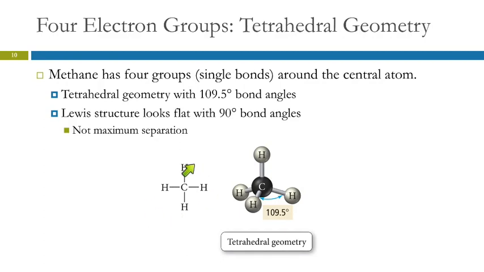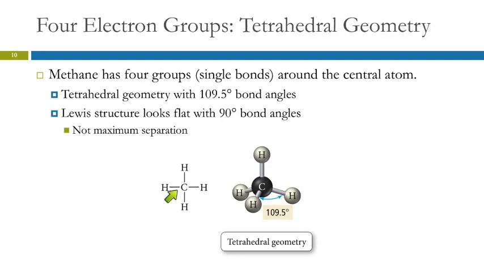When we draw the Lewis structure, it looks flat, doesn't it? It looks square and flat. But that's not what the molecule does. So hopefully this will work. We can take our balloon tetrahedron and we can make it flat, but if you disturb it at all it pops back into a tetrahedron because they're squished together, right?